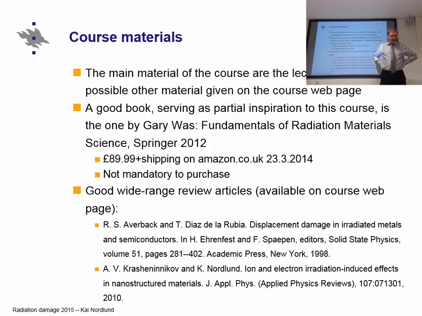In addition, a fairly good deal has come from this book by Gary Was, which is quite an extensive book on fundamentals of radiation materials science. It fairly much focuses on metals, which is also the best understood part of this, but many of the parts are relevant to other materials as well. And in addition, there are a couple of review articles which are useful and used as background for some of these. These review articles are available on the course webpage.